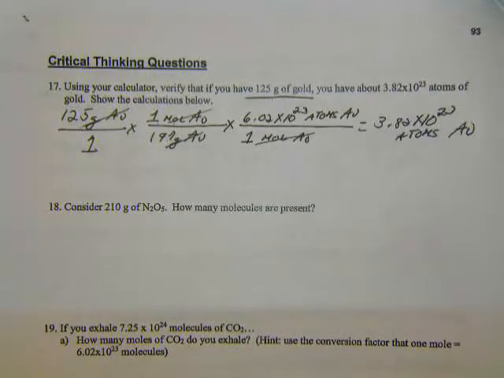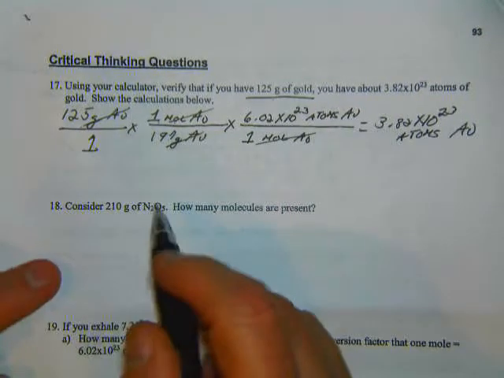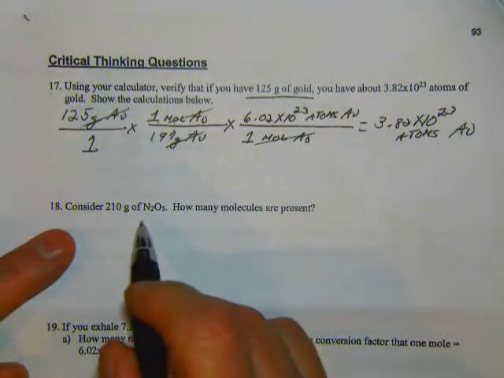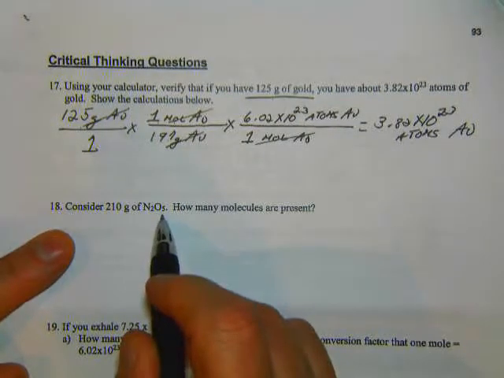Let's look at number 18. So we got 210 grams of dinitrogen pentoxide. How many molecules are present? Well, first thing we have to do, we've got to get the atomic mass of N2O5.